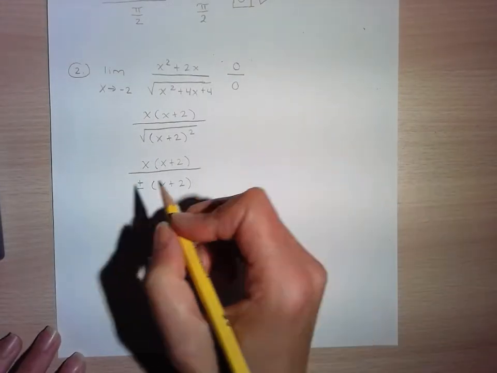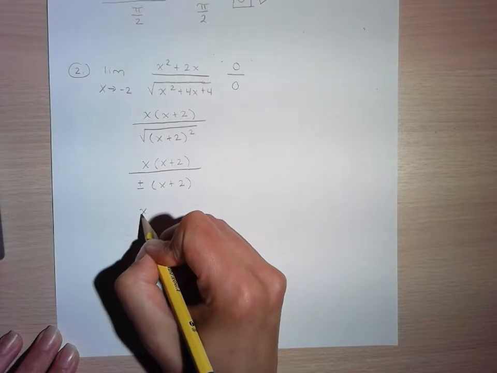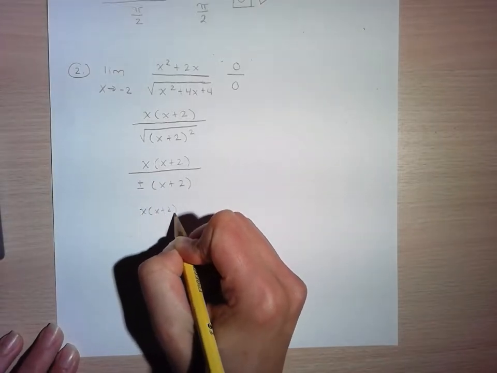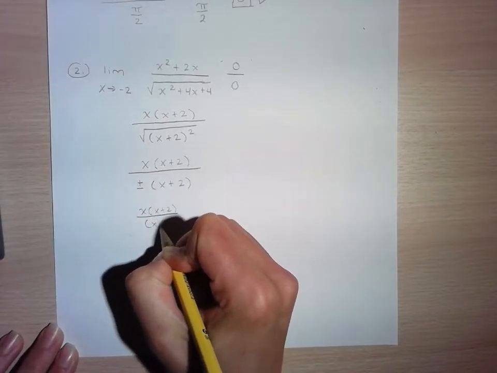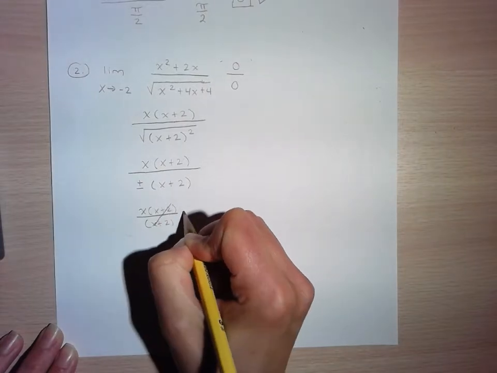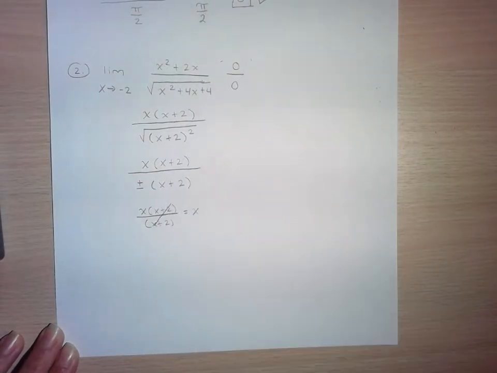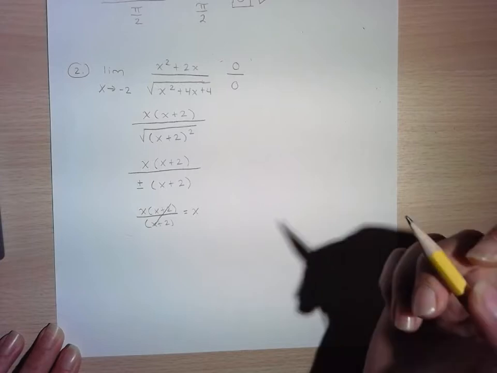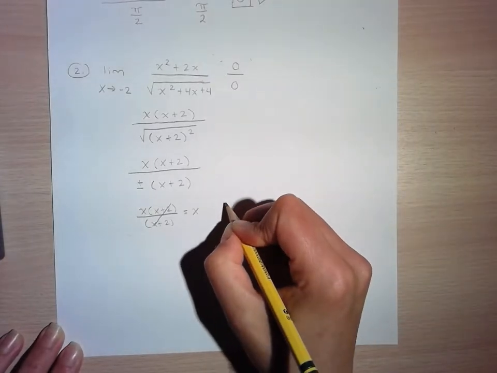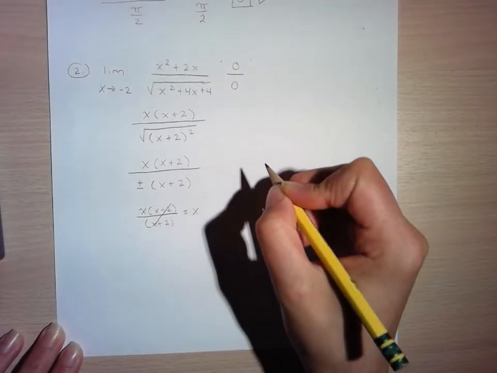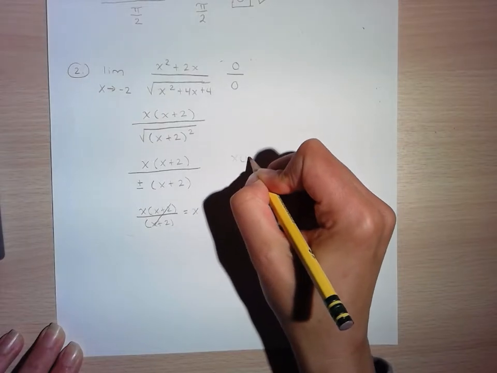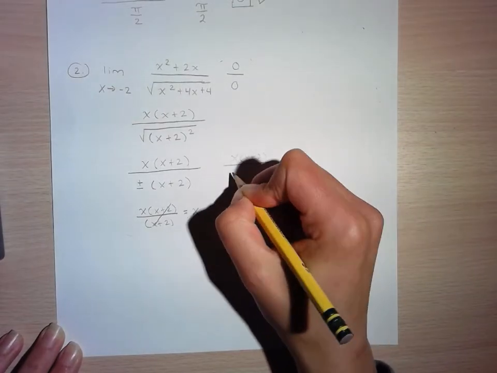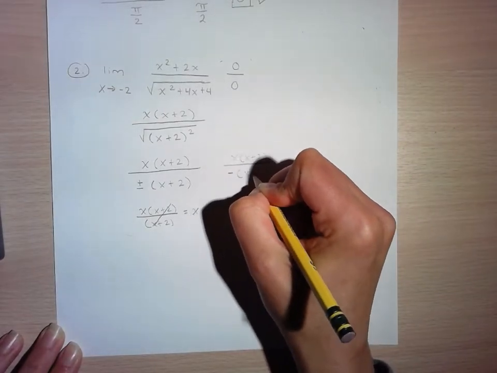So I could have x times x plus 2 over positive x plus 2, which cancels out and gives me x. Or I may have, right up here, x plus 2, the negative sign.